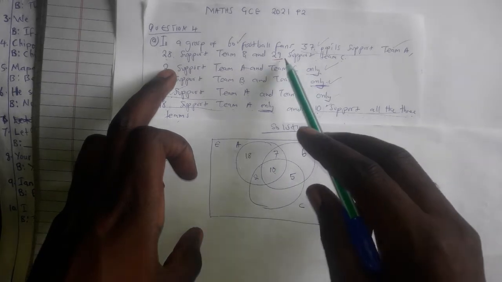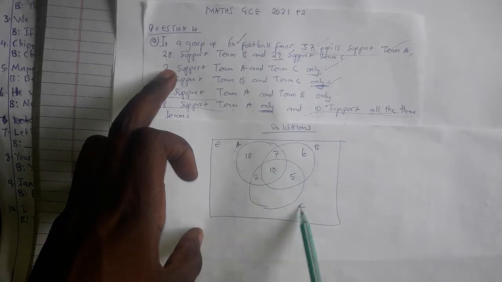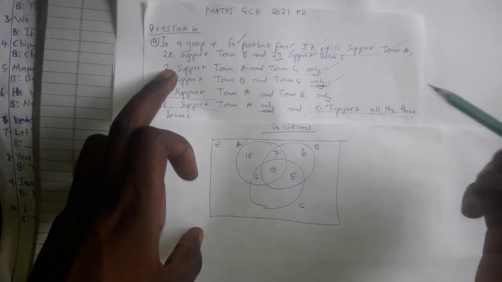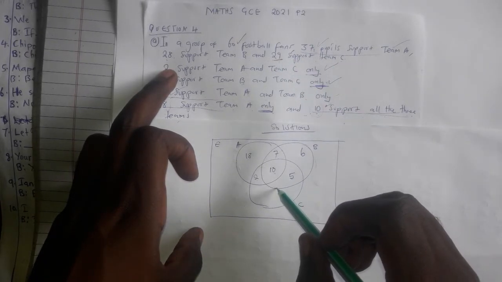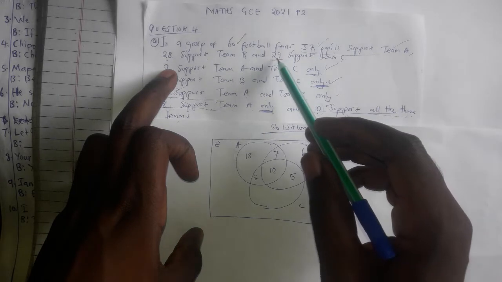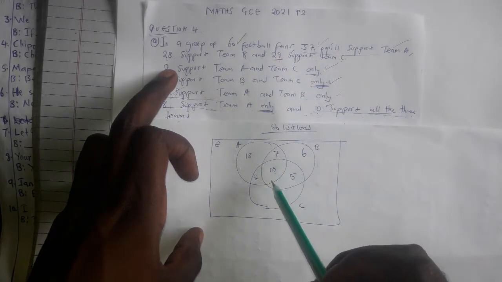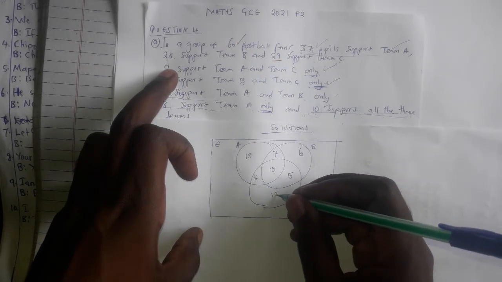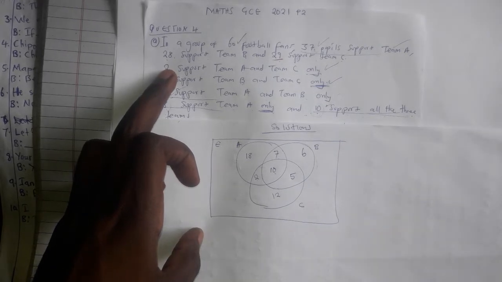But we are told 29 are supposed to be in this team C. So how many more do we need to reach the 29 when we are at 17? We simply subtract what we have here, which is 17, from 29. We are going to get a 12, and it is supposed to occupy that part of the Venn diagram.